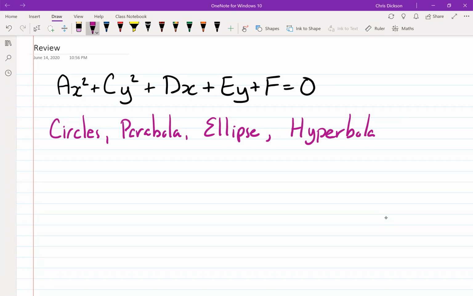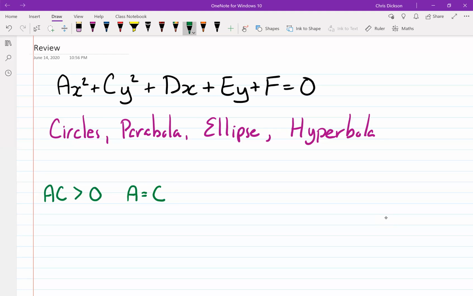Let's say that you know that A and C, when you multiply them together, give you a number that's bigger than 0, and you're told that the A value is the same as the C value. This type of condition restricts the general form to be only one of the conic shapes.